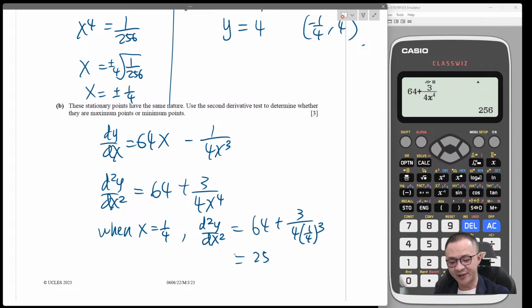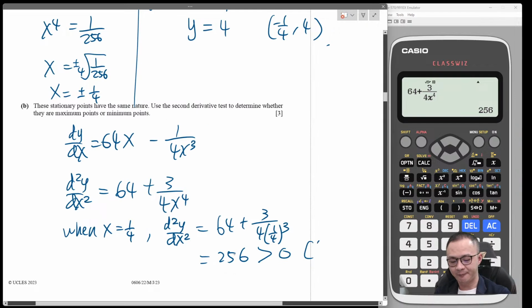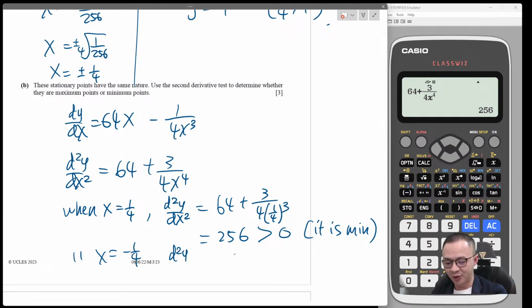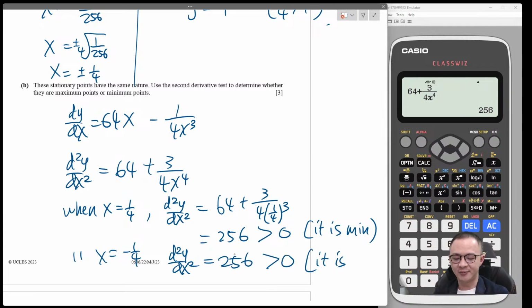So I get 256, which is bigger than 0. Therefore, this is a minimum. Then do the same thing when x equals negative 1 over 4. Your d2y/dx squared will definitely get 256 also, which is bigger than 0. Therefore, this is a minimum also. So both coordinates give you a minimum.